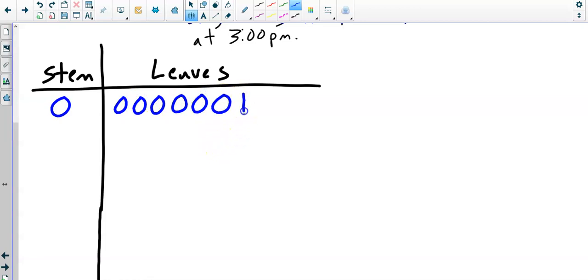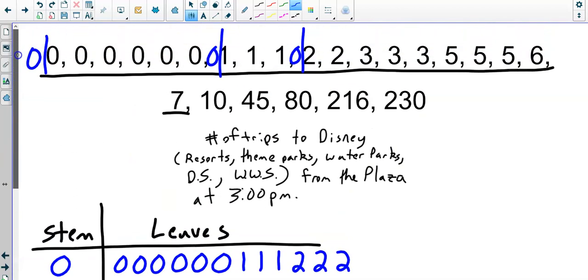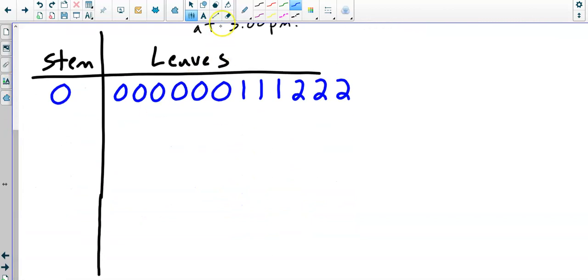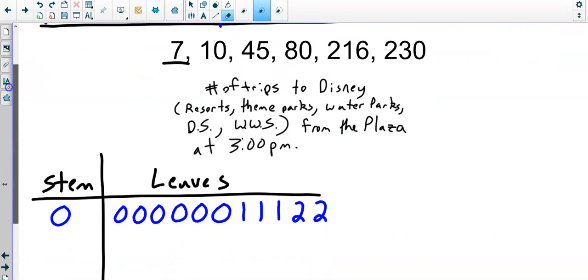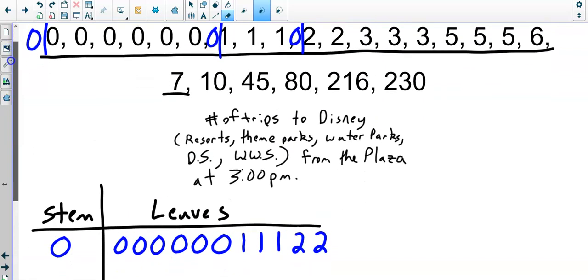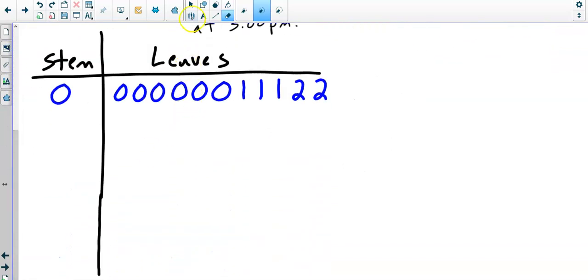I have 3 ones. Again, I'm not using commas because the spacing is what we need. There are 3 2s, I believe. Nope, 2 2s. Let's make sure on my ones that there were 3 of them. Yeah, there are 3. I have 3 3s, 3 5s.